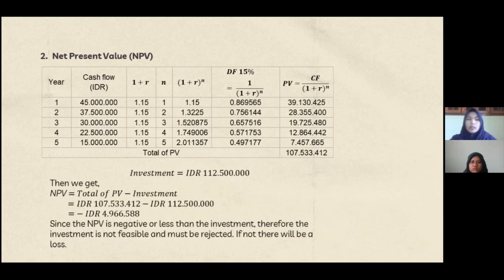And the investment is 112,500,000 rupiah. Then the net present value is the total of PV minus the investment. So NPV is 107,533,412 rupiah minus 112,500,000 rupiah.